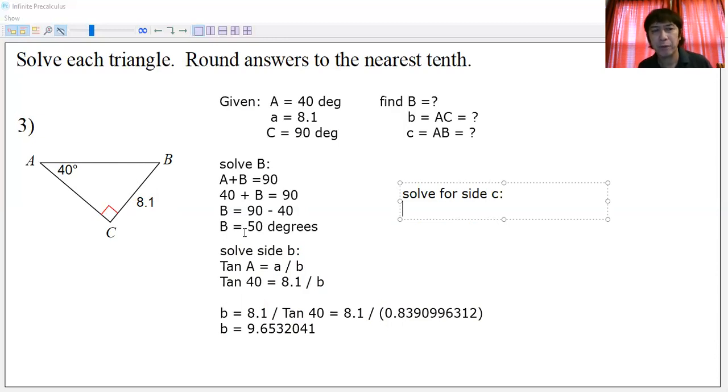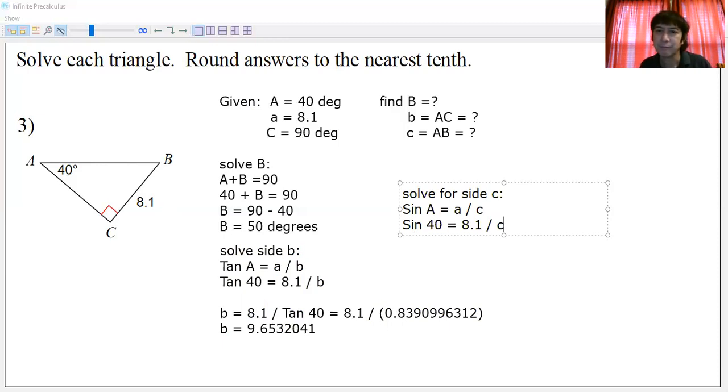For now, we will be using the sine function because that involves the small c, the small a and the angle A. The formula for sine A is a over c. So we have sine of 40, direct substitution, equal to small a, that's 8.1, divided by what we are solving.